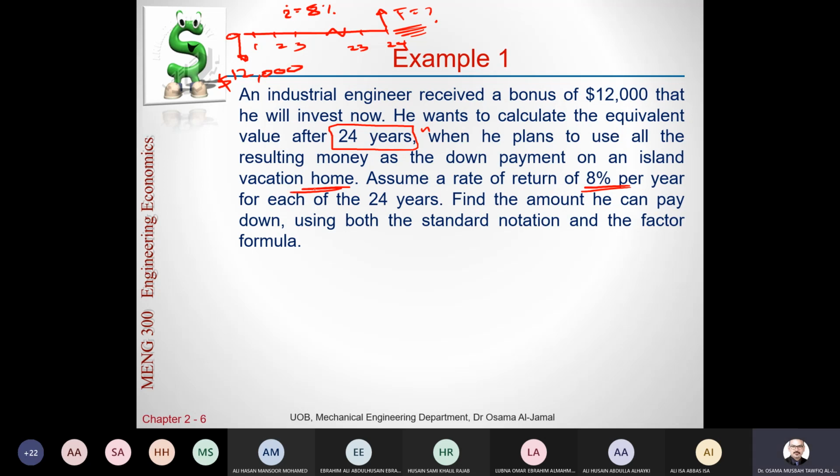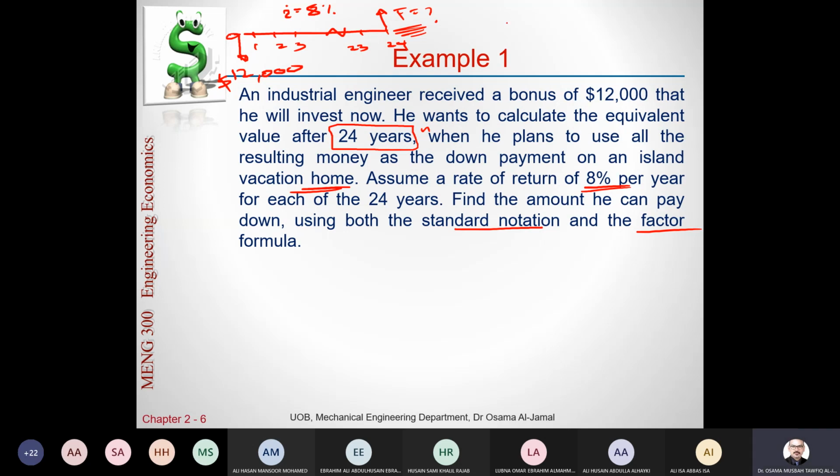Assume a rate of return of 8% per year for each of the 24 years. Find the amount he can pay down. He is going to invest it somewhere else for that vacation home. Using both the standard notation and the factor formula. Standard notation and factor formula.